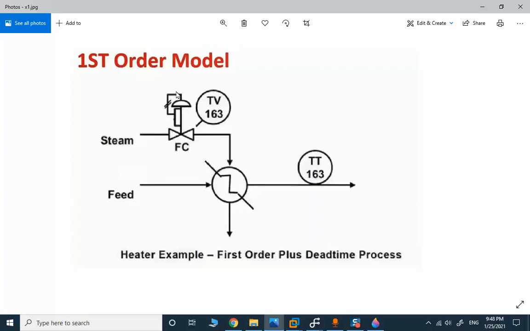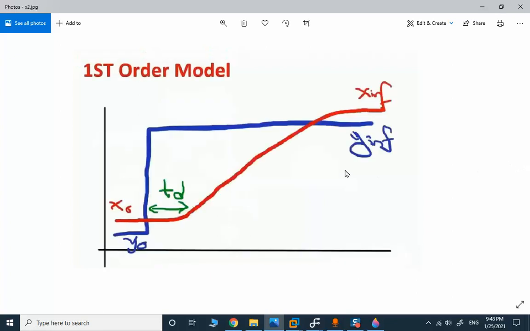When you apply the changes, you may need some seconds to see the first changes. So if you have the step change, you need some time to see the changes on the process. This is the transportation delay.